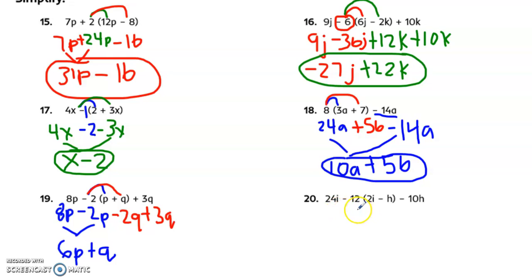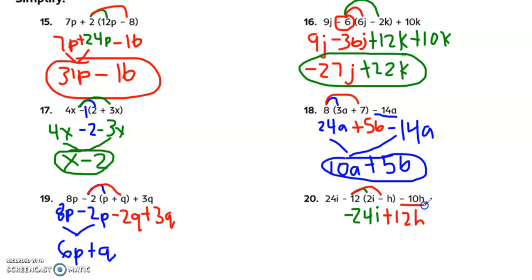24i minus 12 times 2i minus h minus 10h. So again, we're going to distribute. So we've got negative 12 times 2i is negative 24i. Negative 12 times negative h. Negative times negative is positive. So 12 times h is 12h.